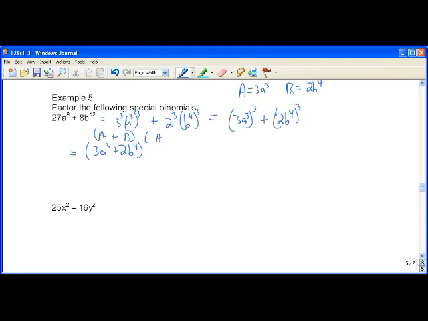The second part was a squared minus ab plus b squared, I'm doing capitals versus lowercase. So what's that going to be? Our first term is 3a cubed, squared, minus 3a cubed times 2b to the 4th, plus 2b to the 4th squared. So I'm putting these things in those places, kind of like placeholders. I'm putting them in there, and then we're going to evaluate that.